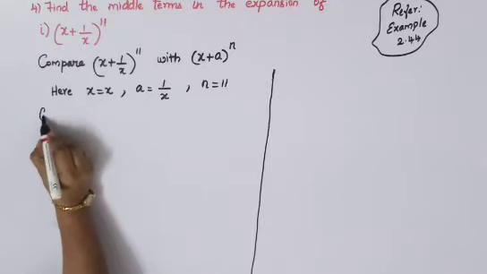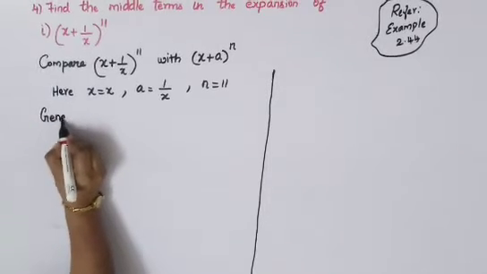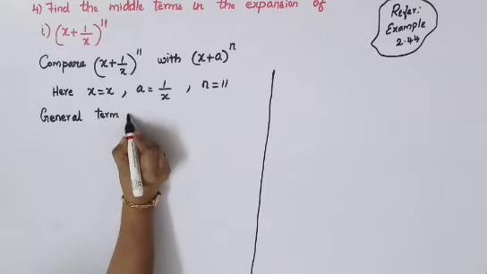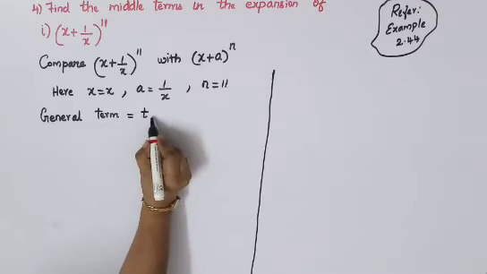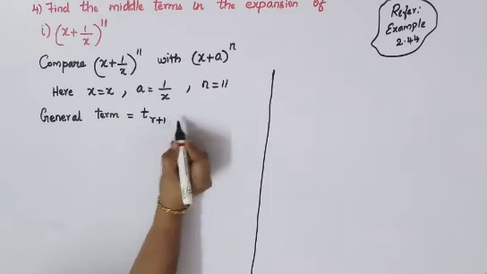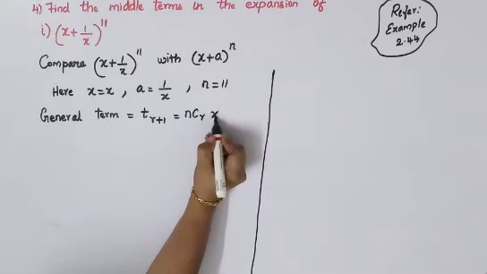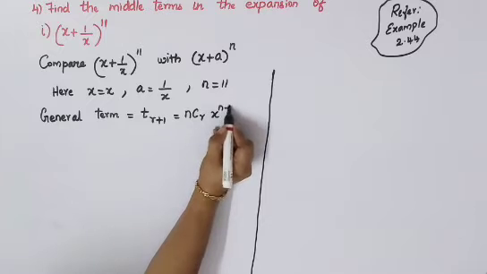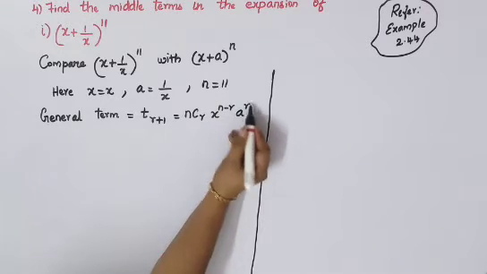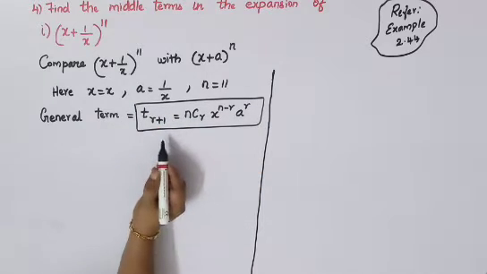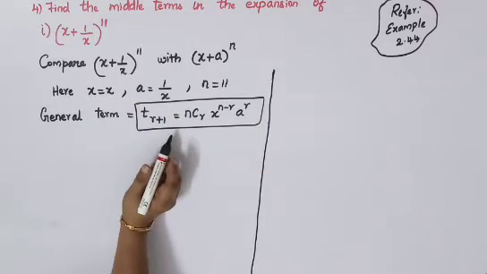First we will write the general term. The general term formula is T(r+1) equal to nCr x^(n-r) a^r. In this formula we will substitute and find your T6 and T7.